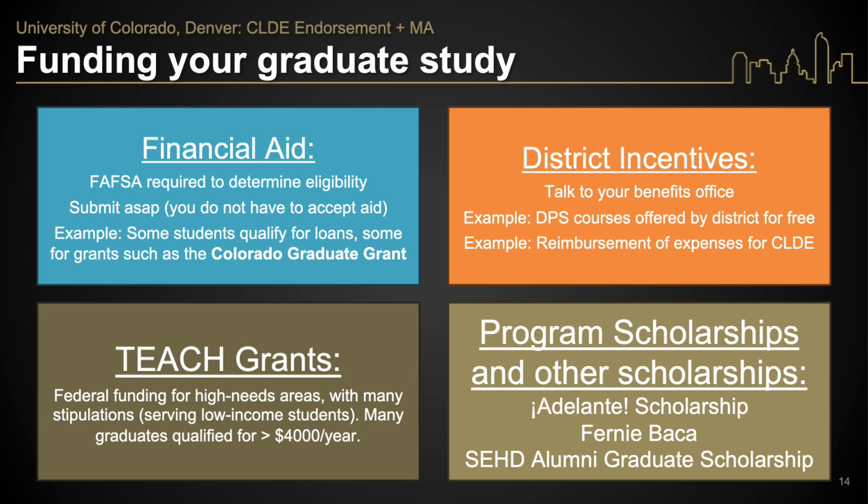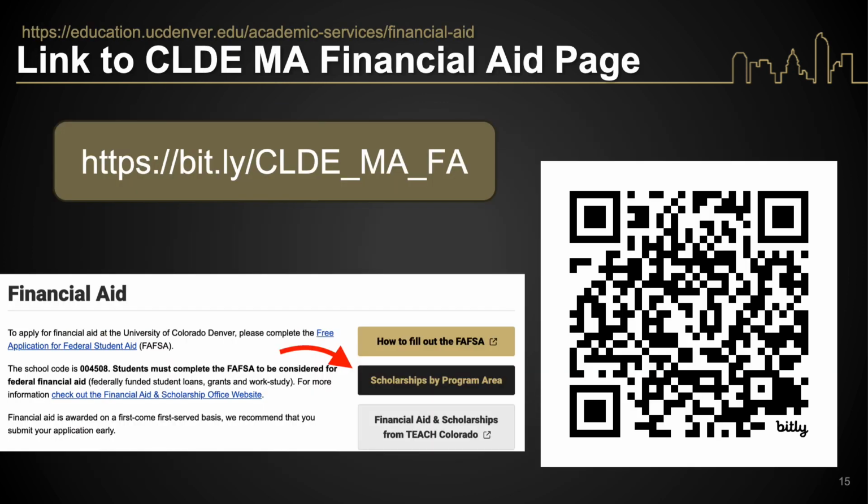There are other scholarships, both national, which you want to explore on your own, as well as some local and some program scholarships. So again, go to our webpage. Here's a bit.ly link specific to the financial aid page. You can check that out by entering this bit.ly link or using that QR code.